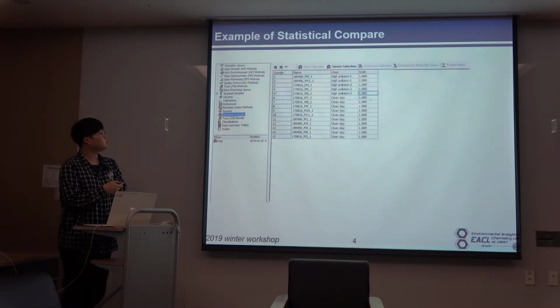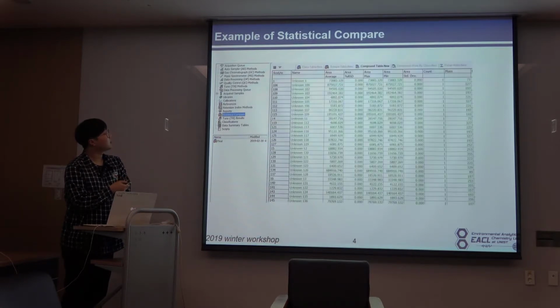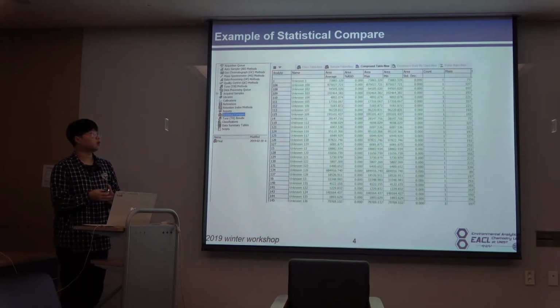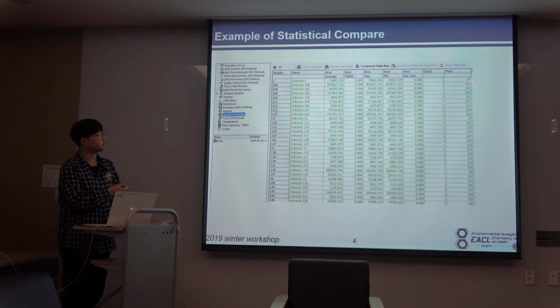After that, we can show the detailed information of each sample and sample class, and we get the scale of these samples. And then we conducted analysis, and the co-eluted compounds were identified in this table with their area or other quantified mass information.